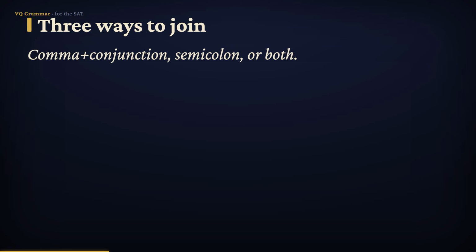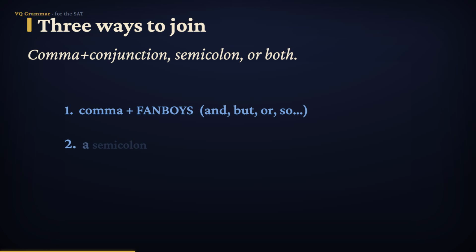There are three ways to join the clauses of a compound sentence. 1. A comma plus a coordinating conjunction, one of the FANBOYS: and, but, or, so. Theo can't hear his alarm, comma, and his dog wakes him. 2. A semicolon all by itself.